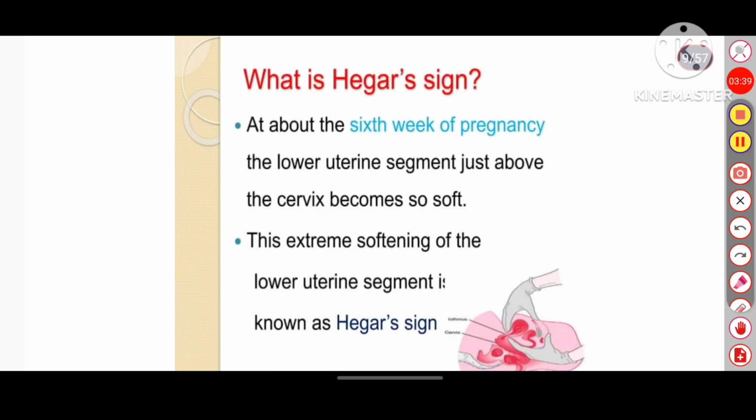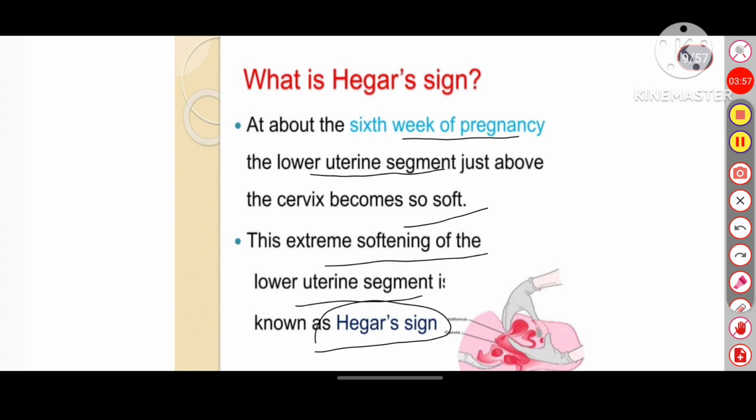Another important change in the uterus is the Hegar sign, which occurs at about 6 weeks of pregnancy. The lower uterine segment becomes very soft, and this extreme softening of the lower uterine segment is known as Hegar sign.